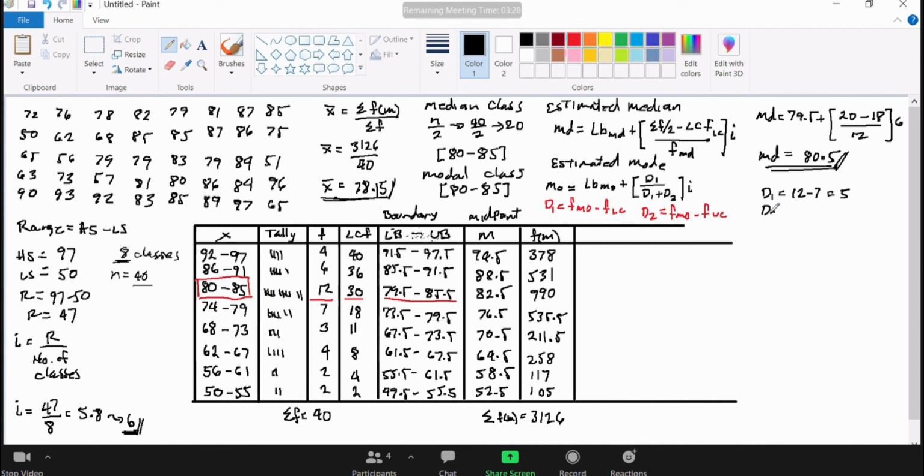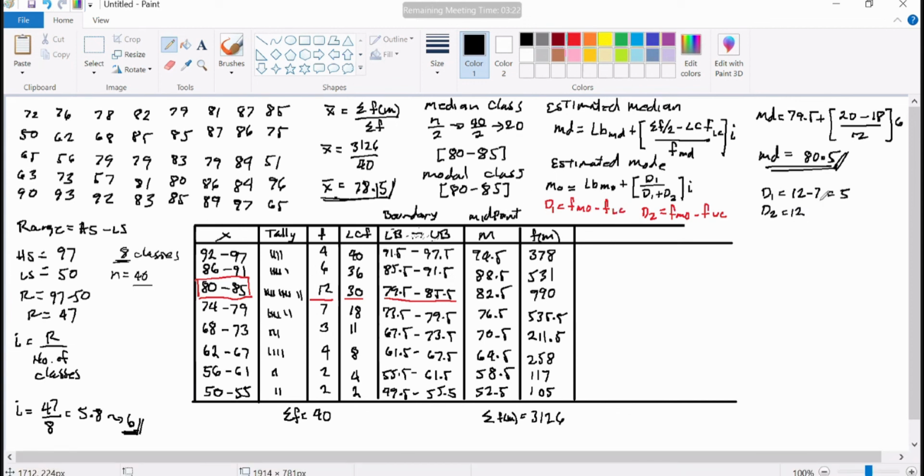D2 is the frequency of the modal class minus the upper, 6, which will give us 6. Applying the formula, estimated mode is equal to lower boundary of the modal class, 79.5, plus D1, 5, over D1 plus D2, so 5 plus 6, times the interval 6, and the mode is going to be what? 82.23.